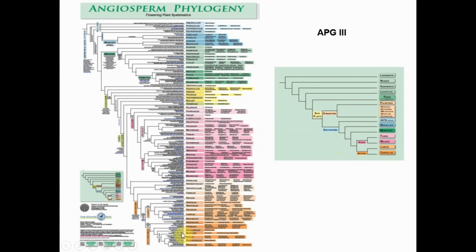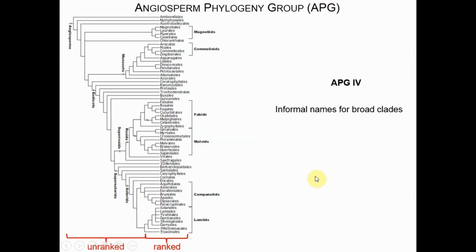And each of the families has specific morphological characters that define it. So morphology is still used in combination with the DNA to draw up these classifications. This is from APG4, just a refinement of some of these.